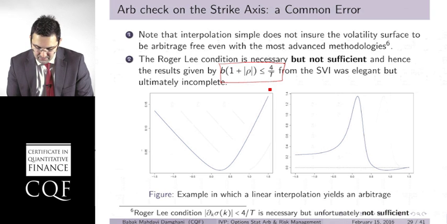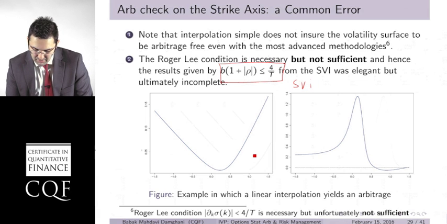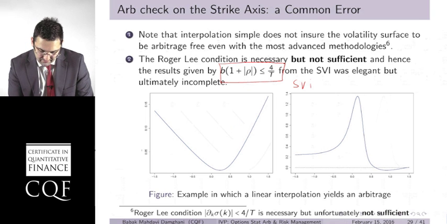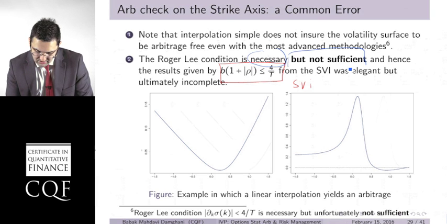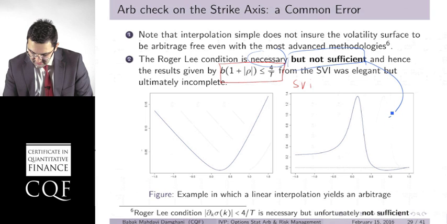This is what was proposed on the SVI initially when it was published, but there's a great deal of misunderstanding around that specific inequality. This inequality is a necessary condition, but it's not a sufficient condition.